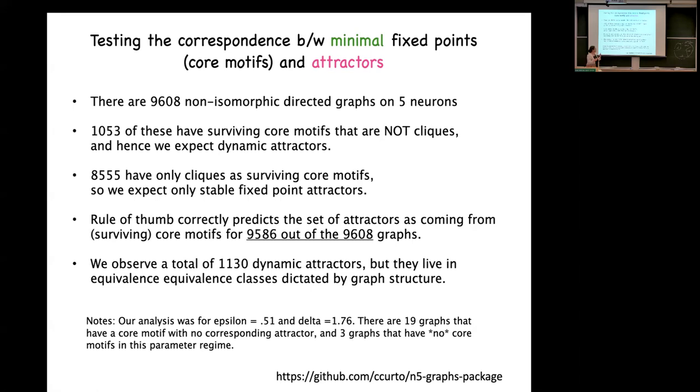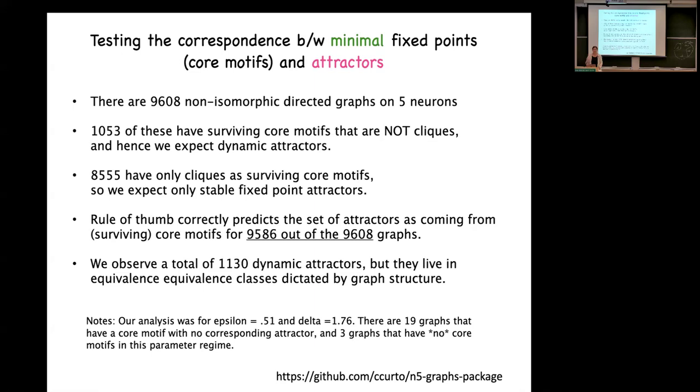So there's some interesting stuff to be said also about the cases where our prediction went wrong. That was a nice study. Pieces of it have been published in papers, but there's also a package on GitHub that has the full classification that we came up with.